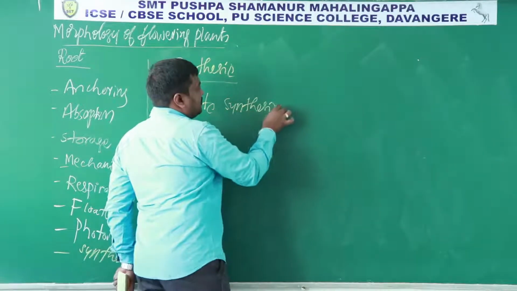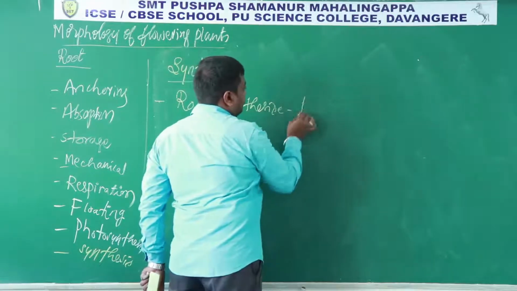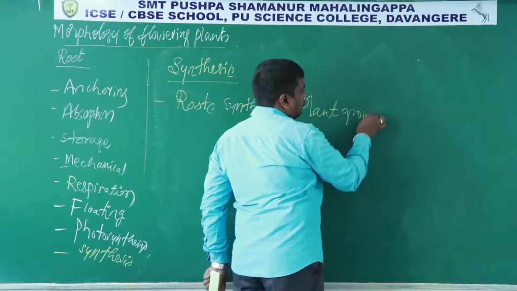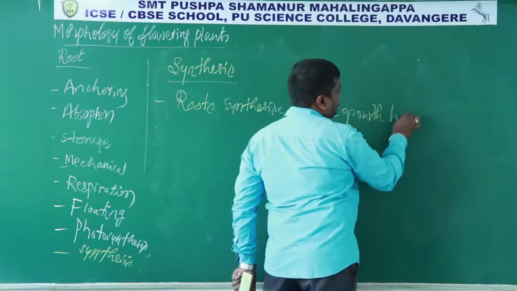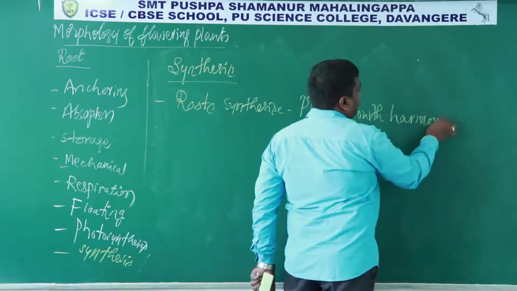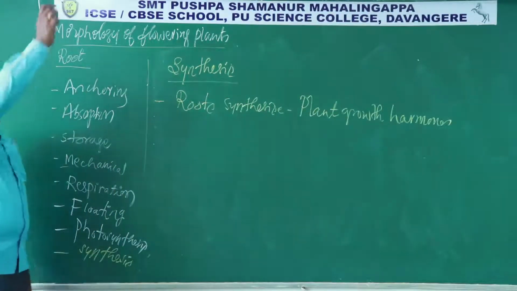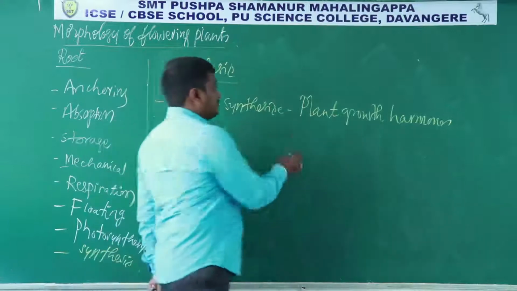Roots synthesize plant growth hormones. Okay, plant growth hormones na synthesize ಮಾಡ್ತಾರೆ, also called as plant growth regulators.